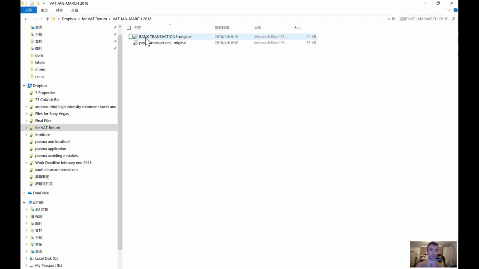This is the original raw data, and then you've got to manipulate it, because you've got to split and work out the VAT from the bank transactions and the VAT going out from the bank transactions. Going out is because we made sales, so people pay us, and then we've got to work out what transactions are VAT applicable, calculate and put it there, and do what you've seen in the other spreadsheet, and then do the PayPal transactions as well.